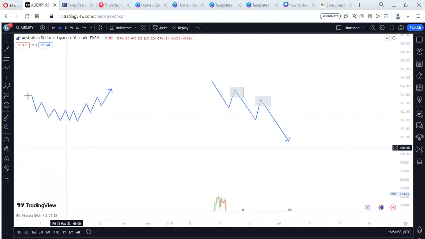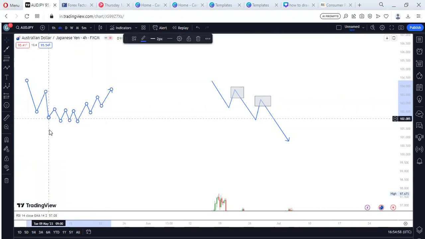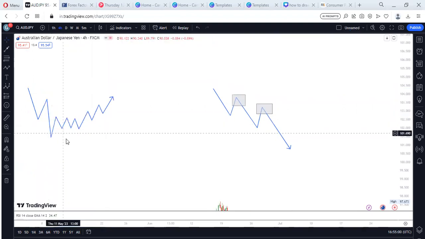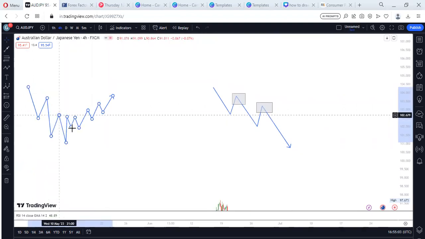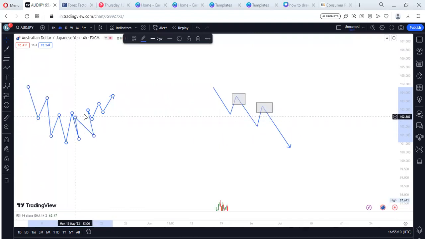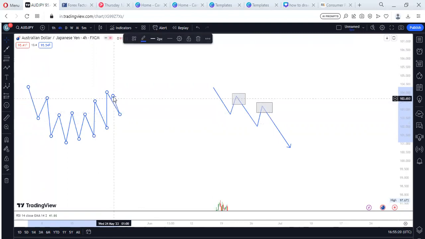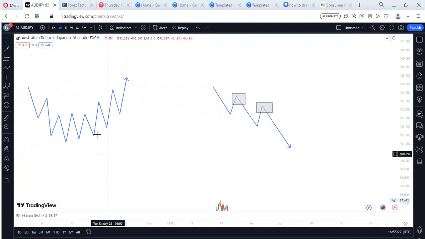Now, let me make this wider so that you can see it properly. So this is it.